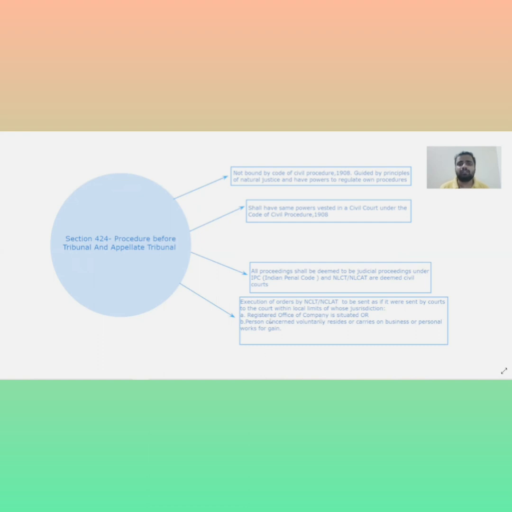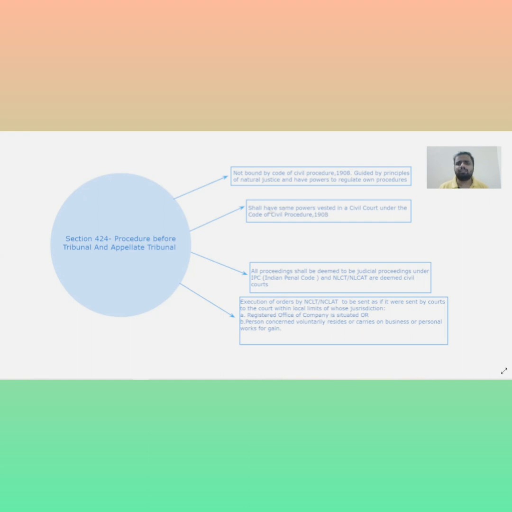The first point says they are not bound by the Code of Civil Procedure 1908. They are guided by the principles of natural justice and have powers to regulate their own procedures. Just trying to say that we are not going to be under the Code of Civil Procedure 1908 or something like that. We are going to be governed by ourselves.